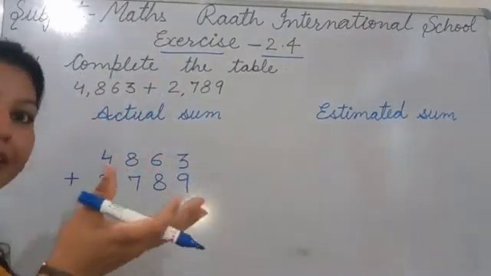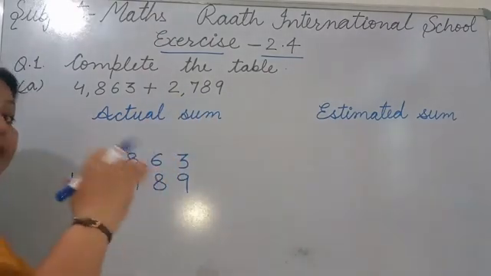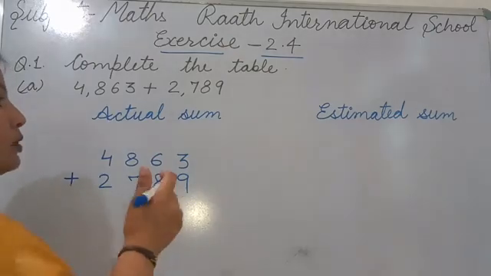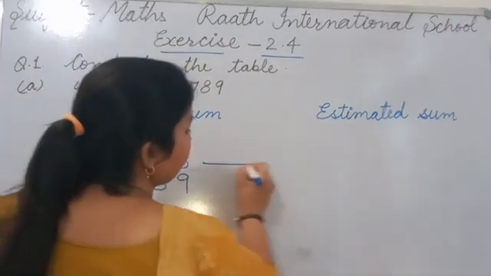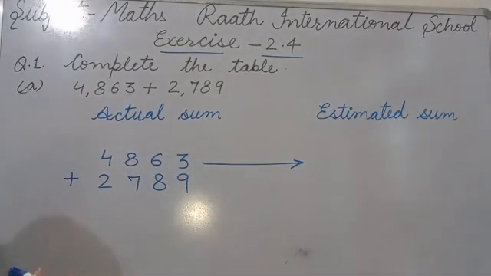So how will we find the estimated sum? Firstly we find their rounding numbers and then we add. In your book rounding of 1000 is already given, so in all parts we will do rounding of 1000. As you know, in chapter 1 we have done rounding numbers.